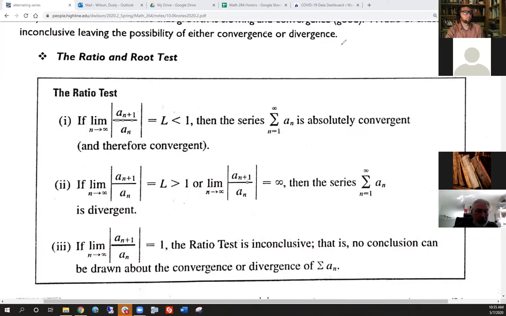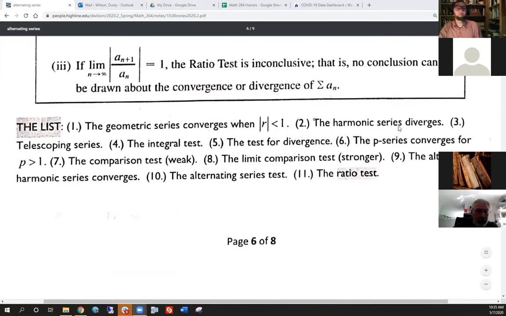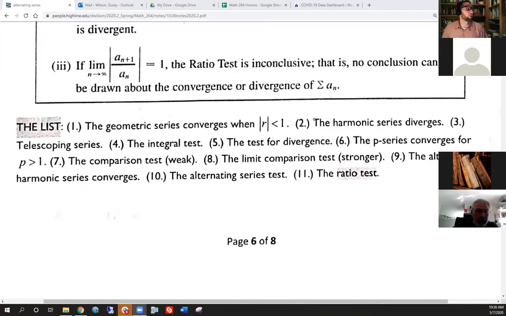Let's knock out a couple of examples. I think that's where we're at. Oh, before that, let's look at the list again. I think it's important to stick with the list. We have now gotten up to 11 items on the list with the addition of the ratio test. Ratio test tends to be relatively easy and powerful. It's one of our favorite kinds.